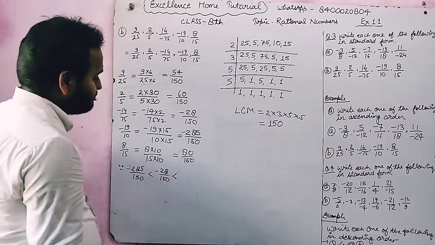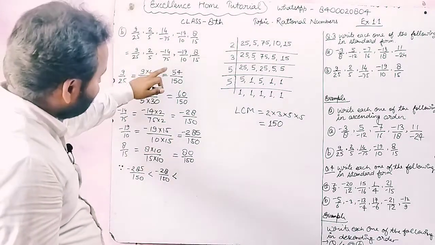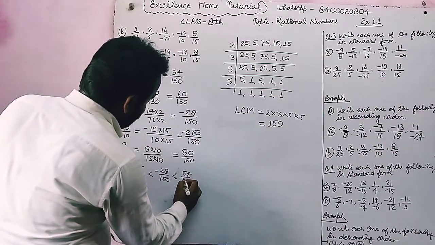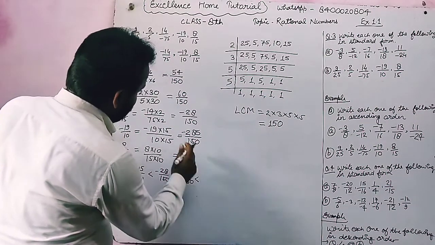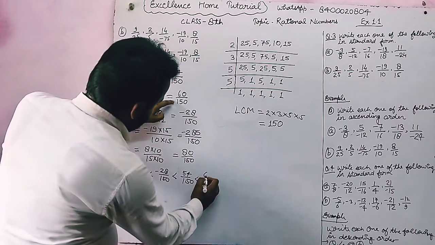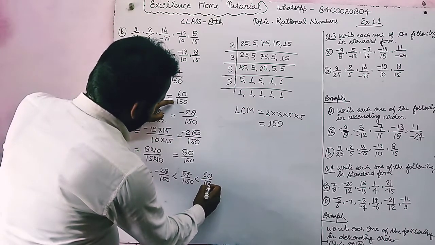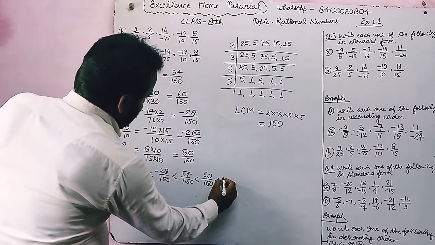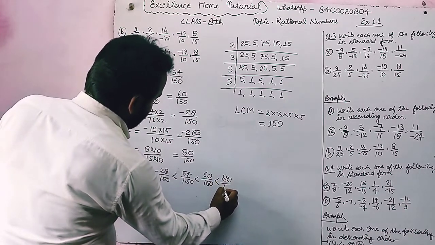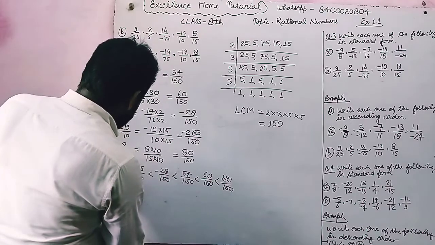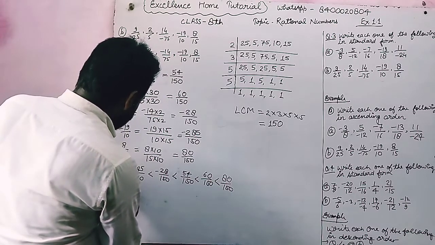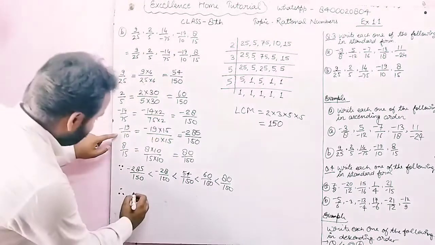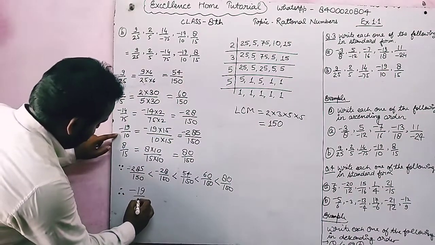After that this is 54 by 150. After that this is 60 by 150. After that, the last number is 80 by 150. So hence minus 285 is minus 19 by 10.